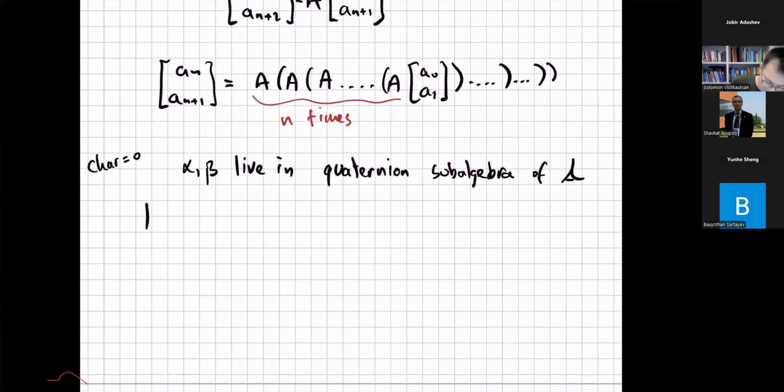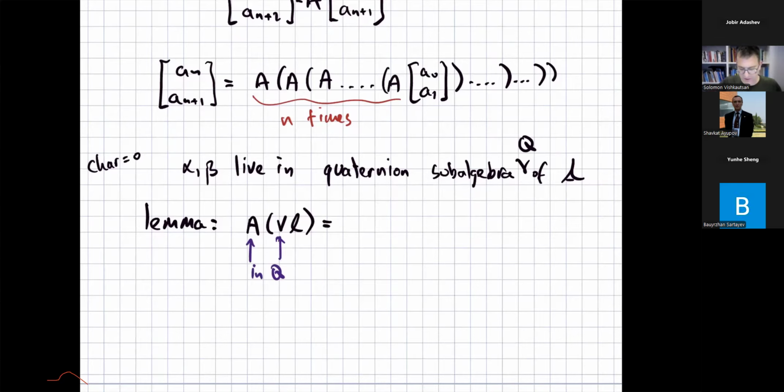And we have the following lemma that we proved: if you take A and V, where A and V live in this quaternion subalgebra, let's call this Q, so A and V are in Q, we can compute this product in the following way.